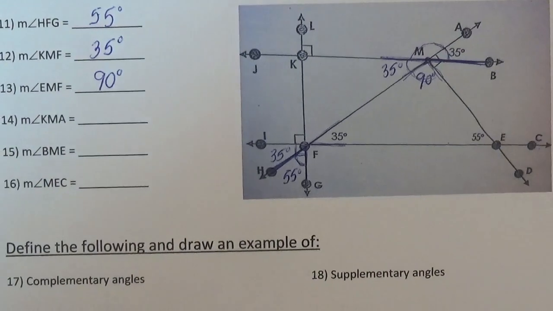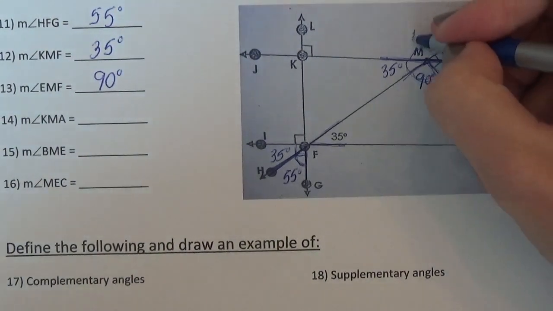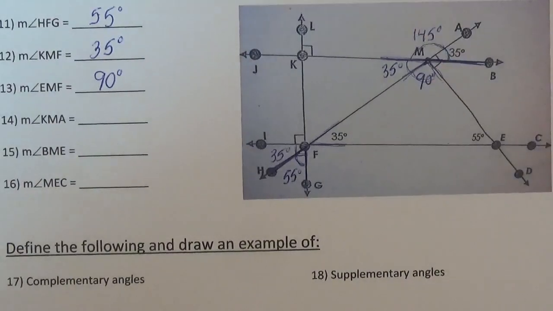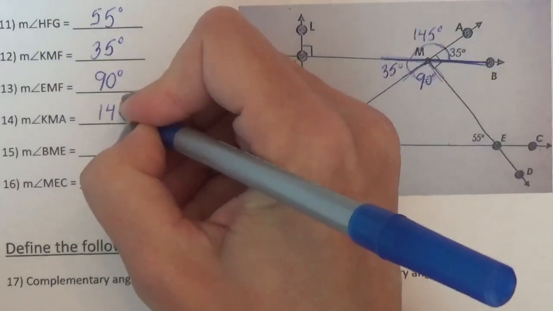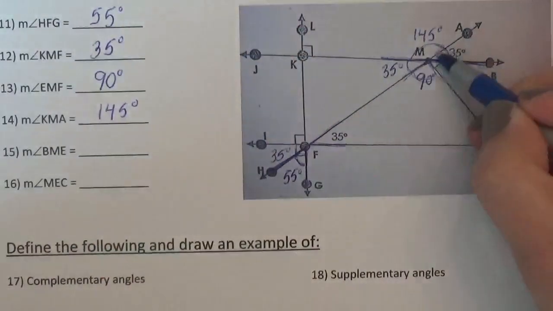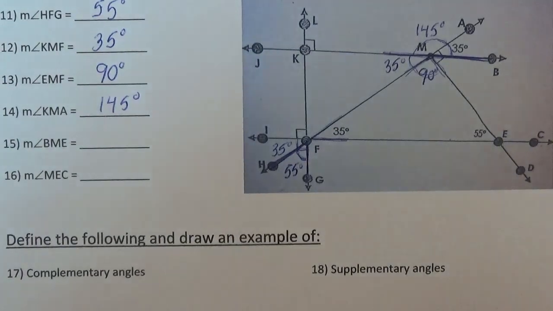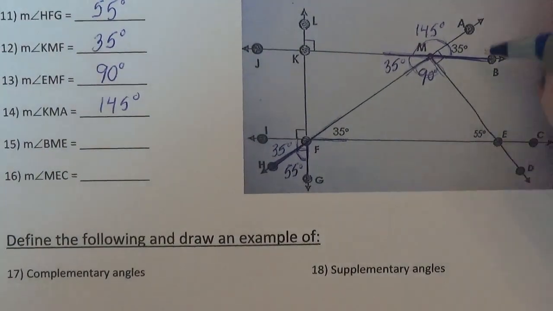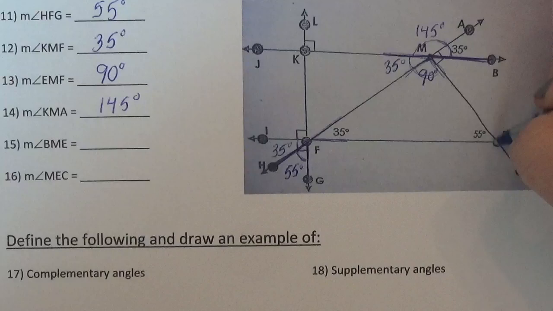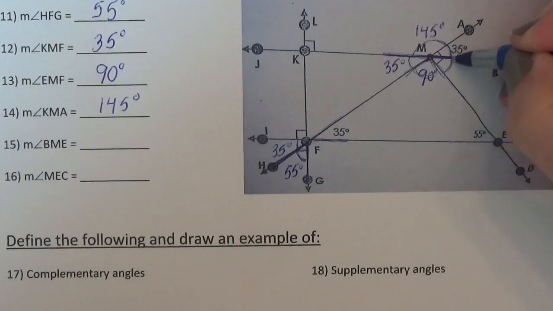So I'm going to take 180 and subtract 35, and that's how I'm going to get that angle right there. So 145, which makes sense. It is a bigger angle. It should be over 90. It is, okay. BME. BME. Okay, so this little guy right here.